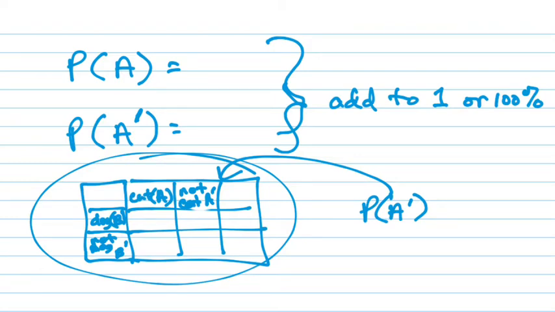Another thing that you're going to see today that you may or may not have seen before is something called a Venn diagram. Now, you don't need to know too much about a Venn diagram, but you need to be able to read it slightly to be able to tell what's happening.